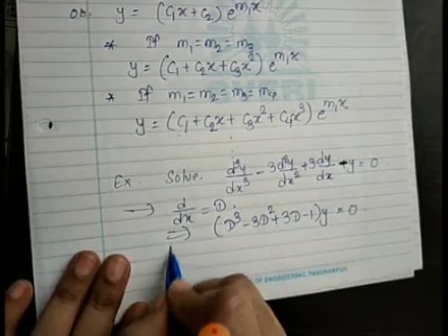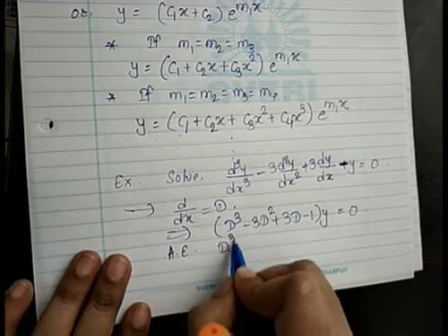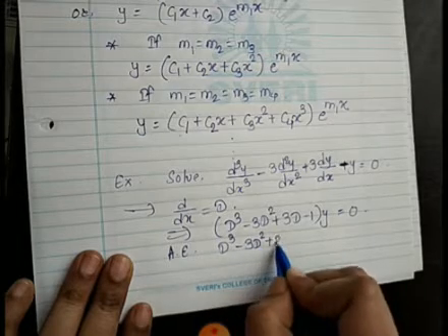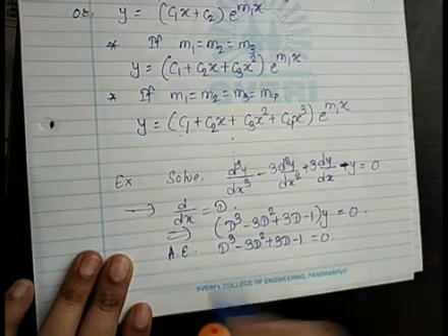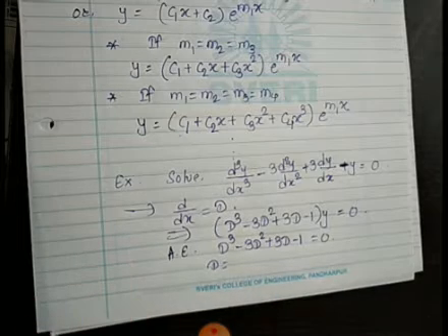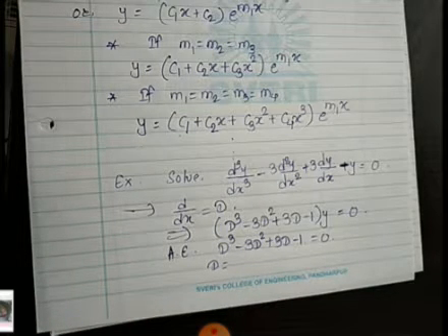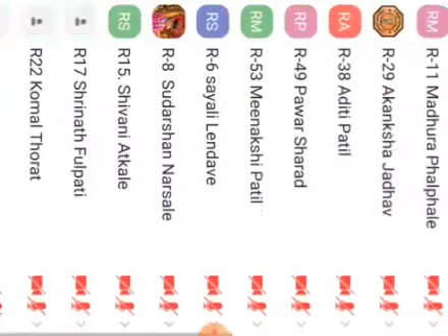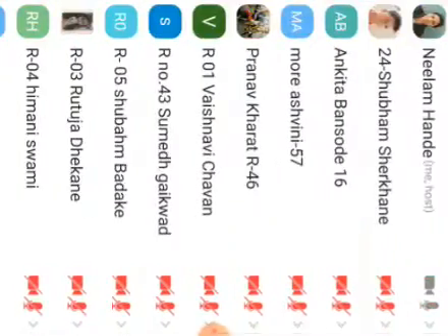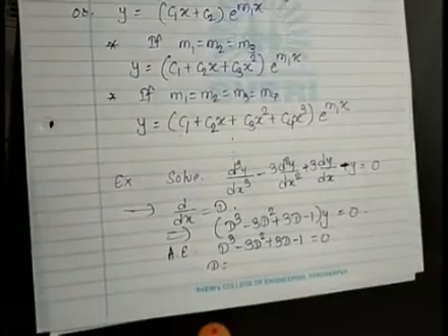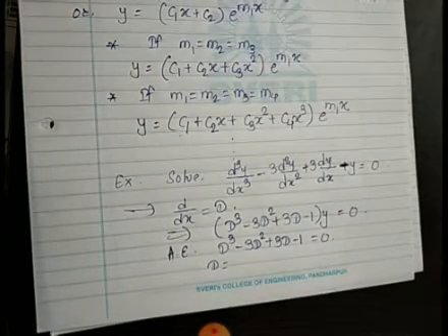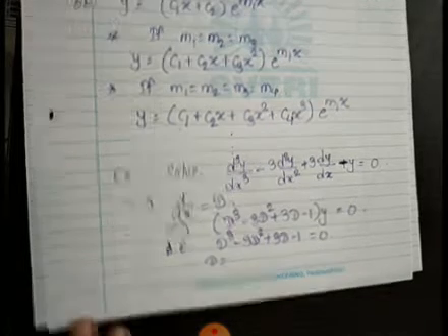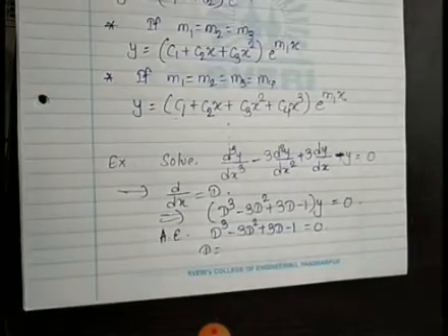So finally, we'll consider the auxiliary equation d cube minus 3d square plus 3d minus 1 is equal to 0. Find out D. Use your calculator and find out the values of D.